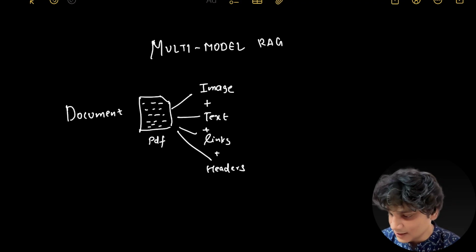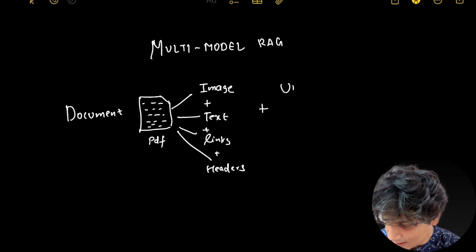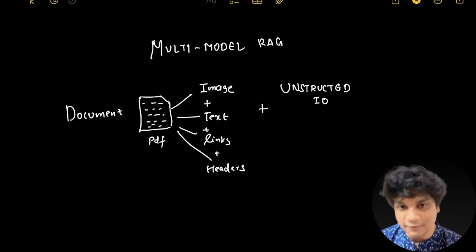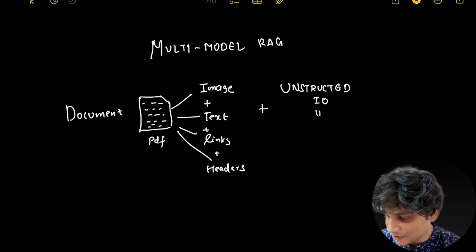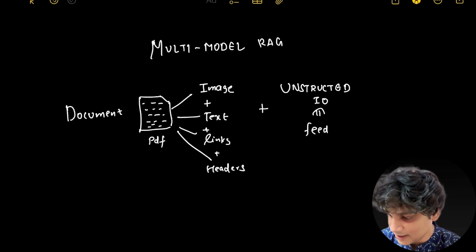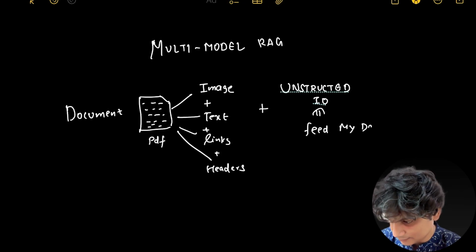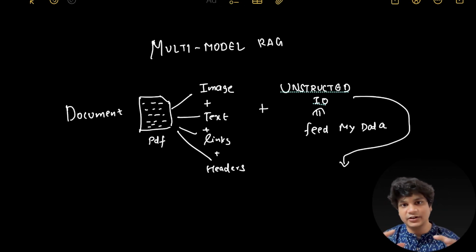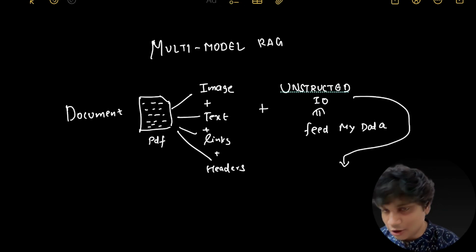It means that I am supposed to use the unstructured.io library. Whenever I feed my PDF or my data, unstructured is basically going to segregate it into different buckets, or different types.